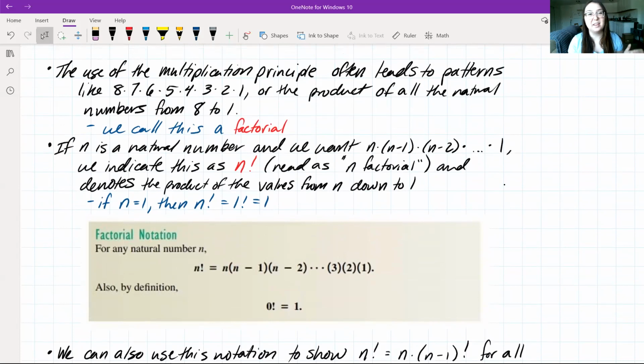So that's like saying 8 times 7 factorial. And we can sub out these values as much as we need to until we get what we want.